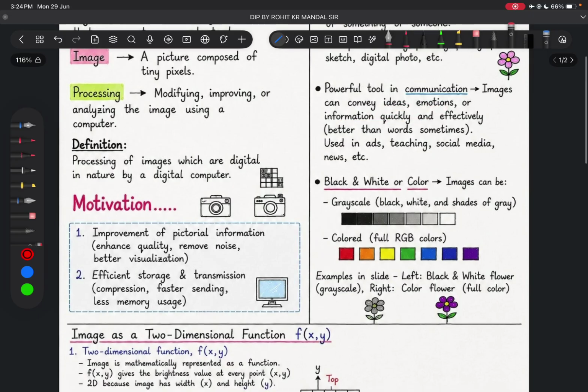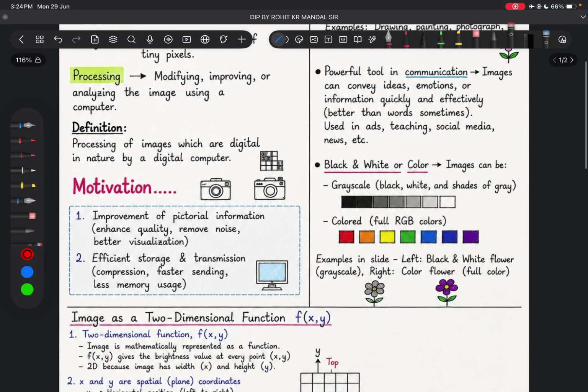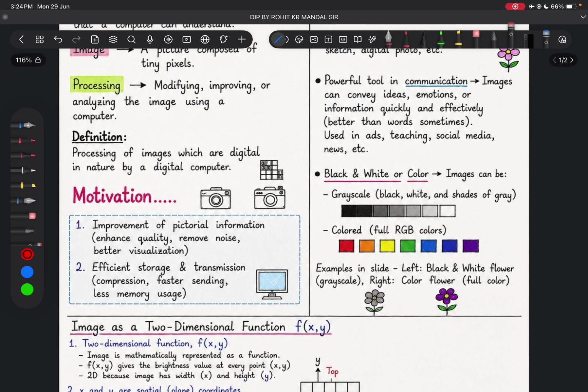They are widely used in ads, teaching, social media, newspapers, television, and websites. This is why people often say a picture is worth 1,000 words, which means a picture has better visibility than words and gives a lot more information compared to words.